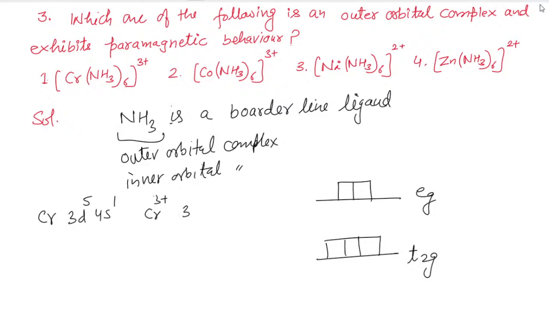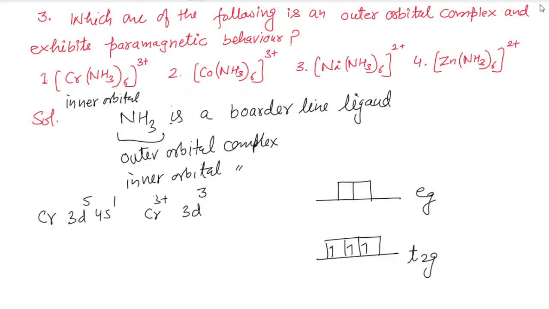It is 3d3. 3d3 means Eg is always vacant, so it is always an inner orbital complex. So it is out of the picture.